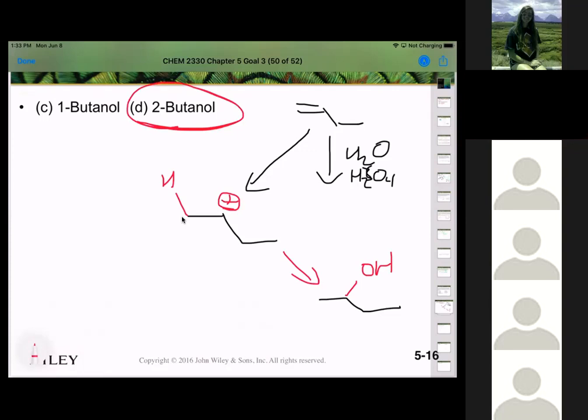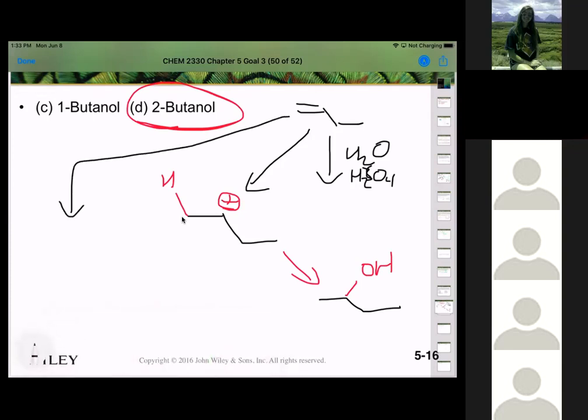But we cannot get our 1-butanol from this. We have to break the rules. We have to go anti-Markovnikov to get to that 1-butanol. So instead of forming this carbocation with the acid catalyst, we have to use a different reactant.